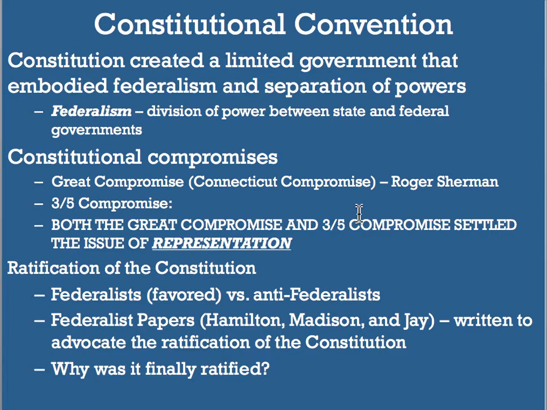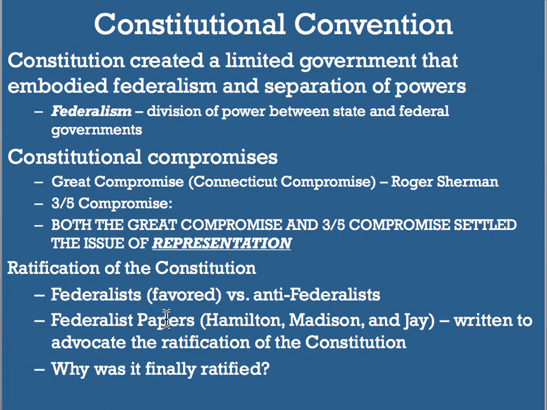Now, once the Constitution is done, 2 factions emerge: the Federalists, who favor ratification of the Constitution, and the Anti-Federalists, who think that the Constitution has gone too far, that there is too much power in the government, it is not okay, and they don't like this whatsoever. The Federalist Papers are very important.